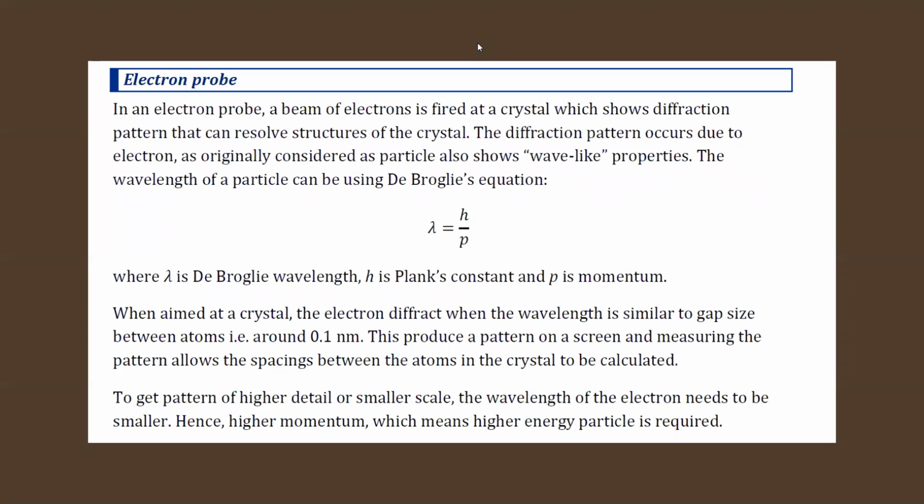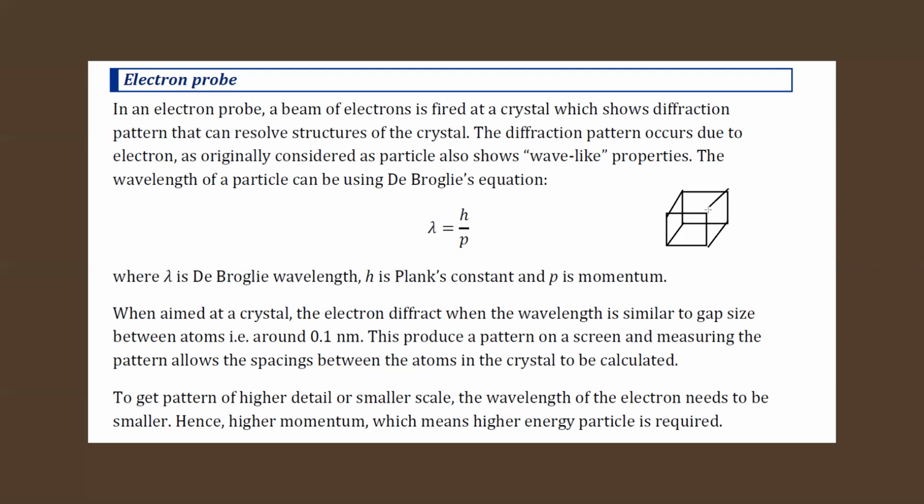So if the wavelength associated with the electron matches the gap, then what will we observe? We will observe maximum diffraction, so a diffraction pattern will be observed. To investigate or probe the structure of ionic compounds, we can use electron diffraction.